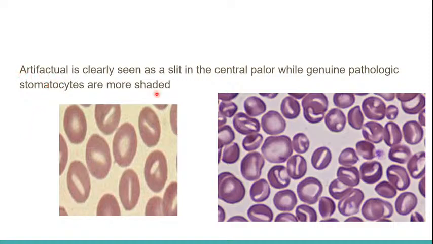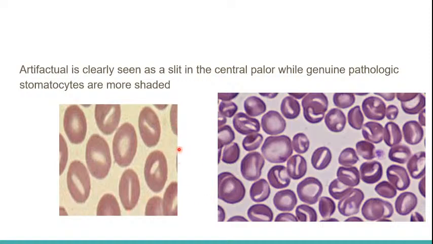Artifactual stomatocytes have a clear central slit and central pallor, right? They have a central slit, while genuine pathologic stomatocytes are more or less shaded. Look at them closely. They have shadings there. They don't have a central pallor, as opposed to this one. There, it's very clear to me that this one is actually stomatocytosis.